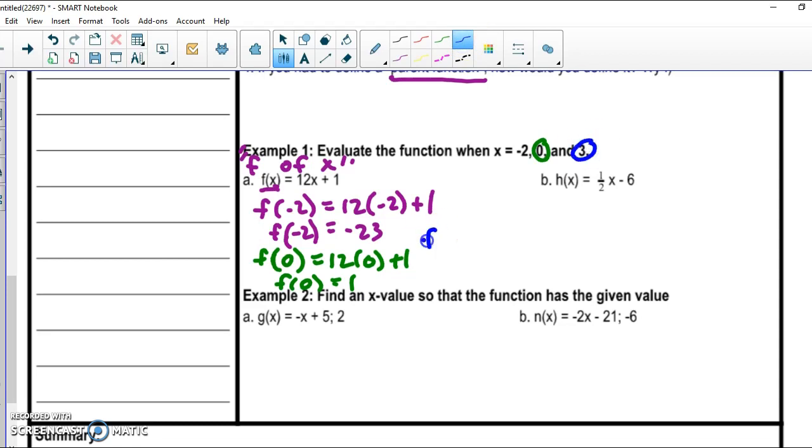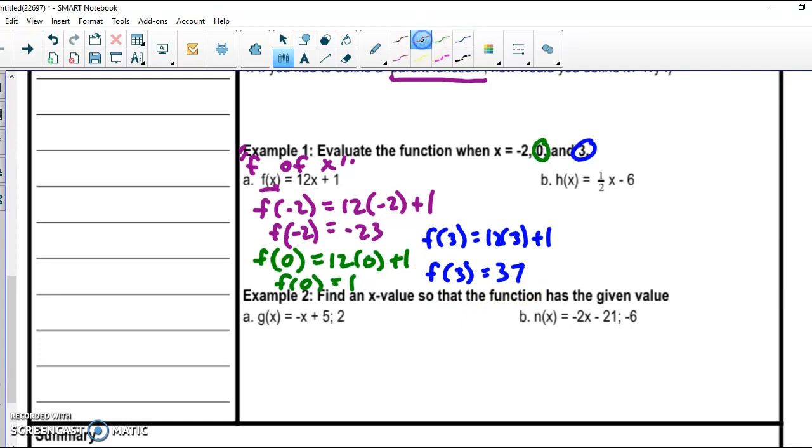So I would say f of 3, then I'm going to have 12 times 3 plus 1. So f of 3 equals 12 times 3, which is 36, plus 1 is 37. So now I have evaluated the value of my function for each of those given x values. That's how we read this function notation, and that's how we would give our answers.